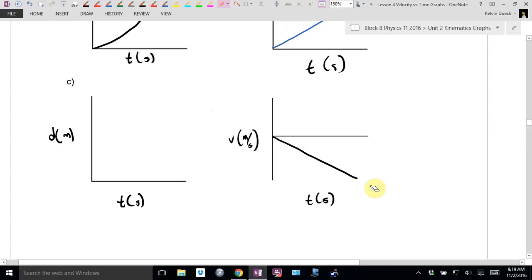Constant velocity or changing velocity? Changing. So constant slope or changing slope? Curve. Getting steeper or getting shallower? Getting bigger or getting smaller? Bigger. Faster and faster.